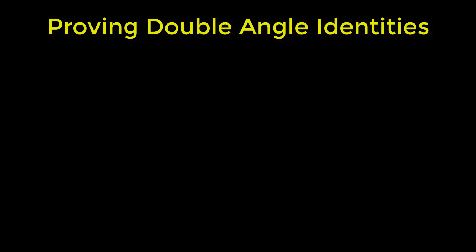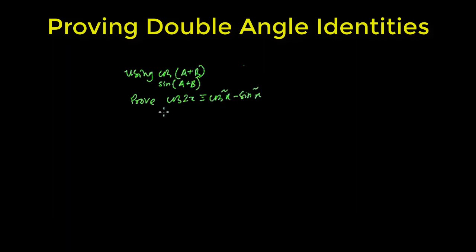Now the next one is proving cos 2x. So the question would be, using cos a plus b and sine a plus b, prove that cos 2x is identical to cos square x minus sine square x. But usually this can also be like this.